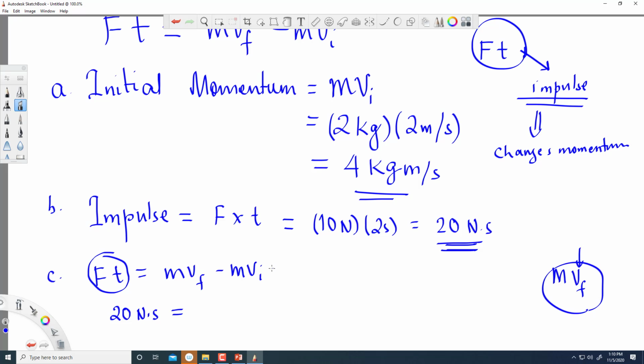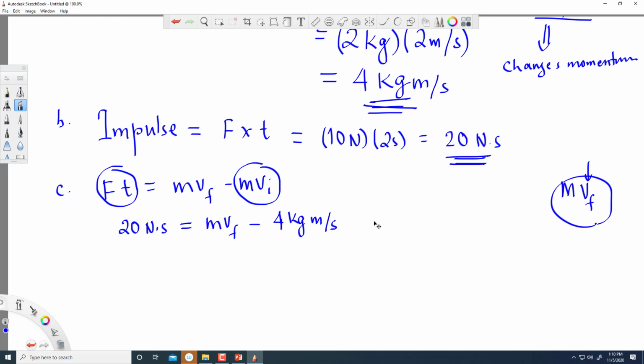We already found this initial momentum, which is 4 kilogram meter per second, and then we want to find this final momentum. Okay, so we want to find m v f, final momentum. So how do we get that? You can take this thing to the left. So m v f would be 20 Newton second. When you take this to the left, it becomes plus 4.